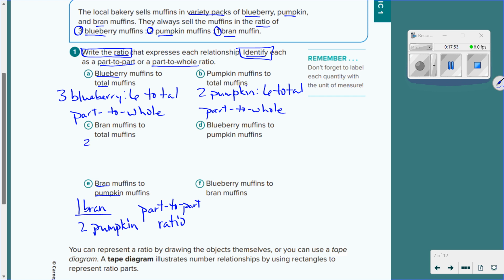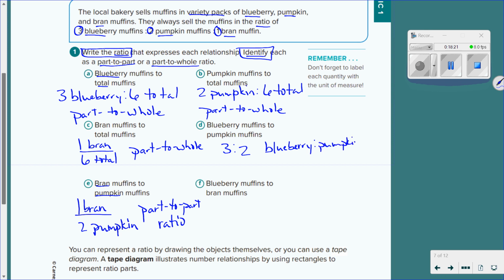Bran was 1, sorry. 1 bran. 2, 6 total. That gives me another part to whole. Blueberry to pumpkin. Blueberry was 3 to 2. And that would be blueberry to pumpkin. Which would be a part to part.